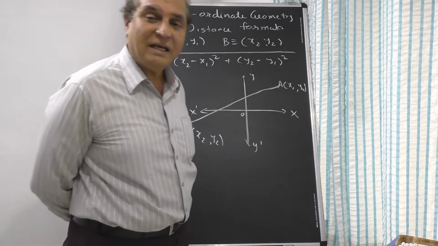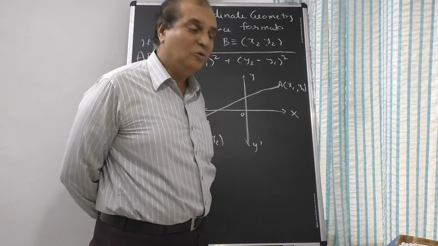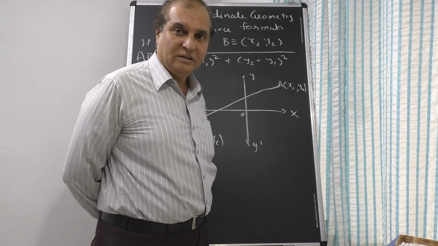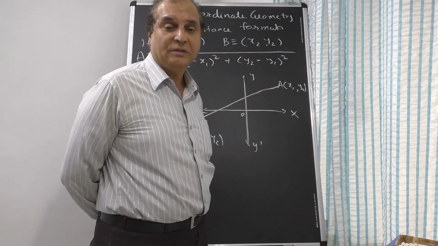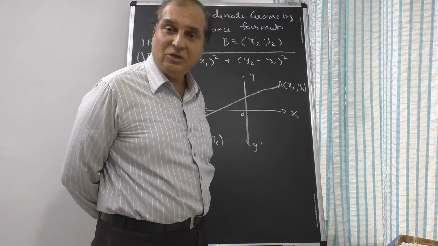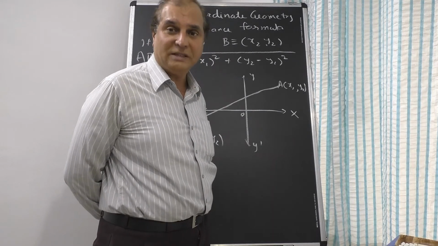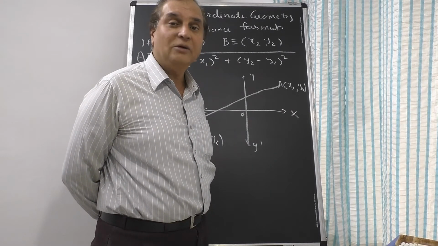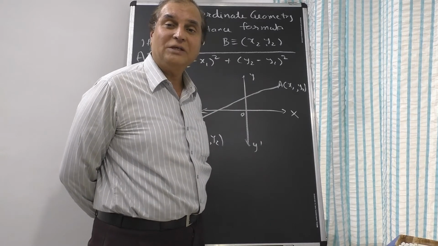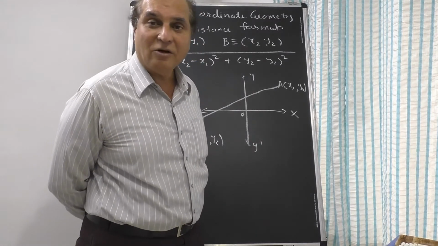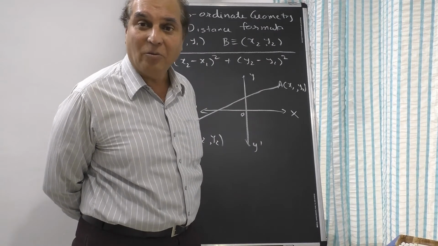Or sums can come on quadrilaterals. Prove this quadrilateral is a square, suppose. Then for a square, all sides you have to prove congruent, AB equal to BC equal to CD equal to AD. And that is not enough, because then you have just proved a rhombus. If all sides are equal, you have just proved it is a rhombus.